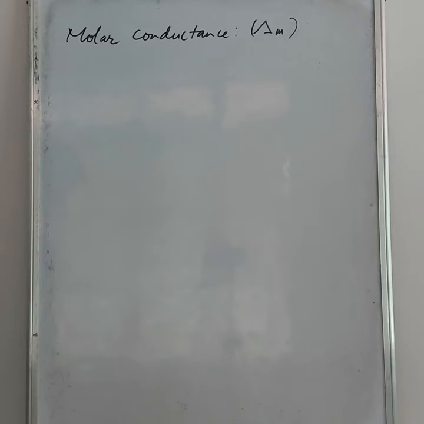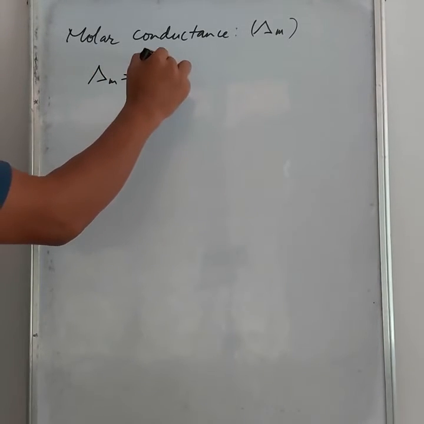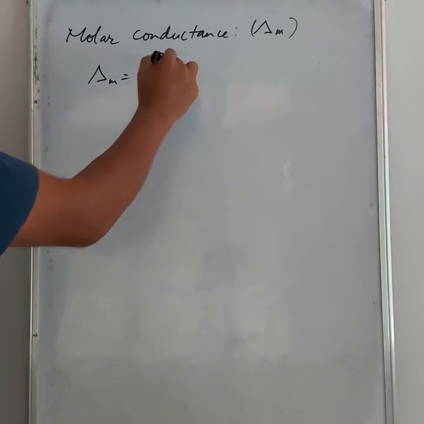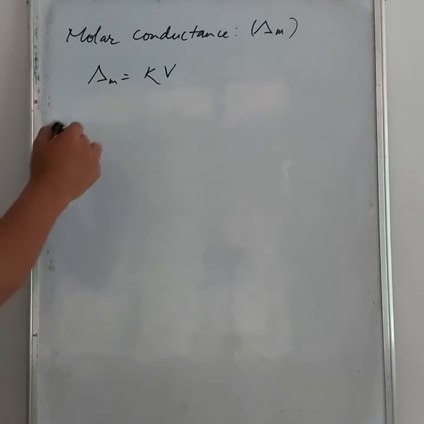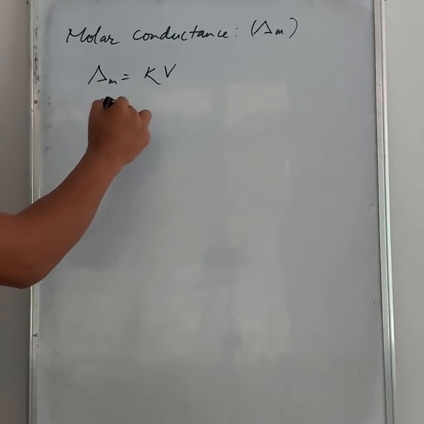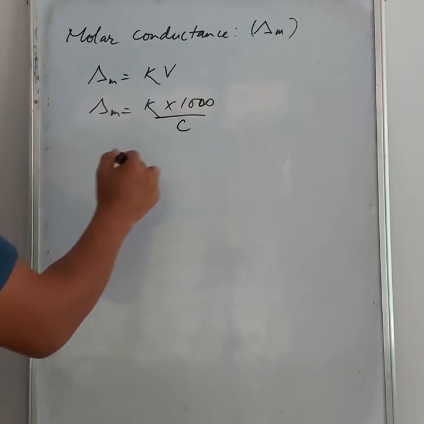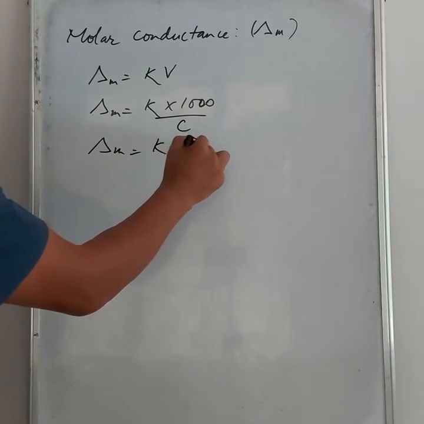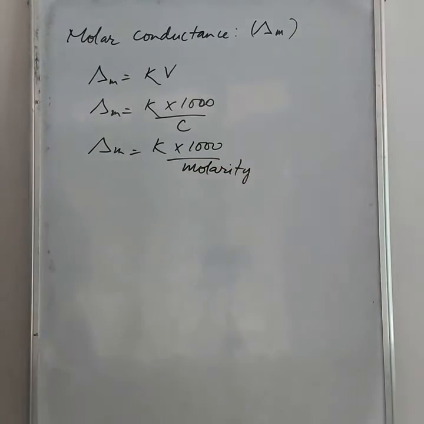And it is given by lambda M equals kappa times 1000 over concentration, or simply put, molarity.